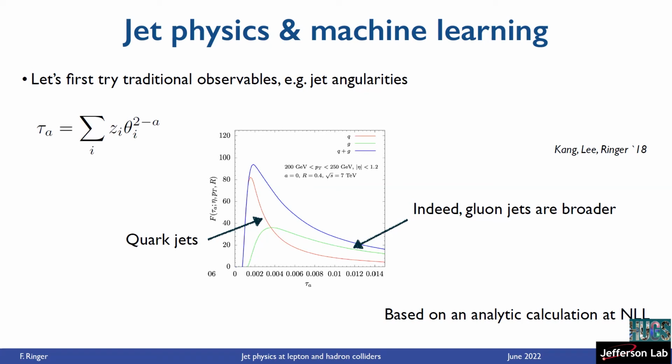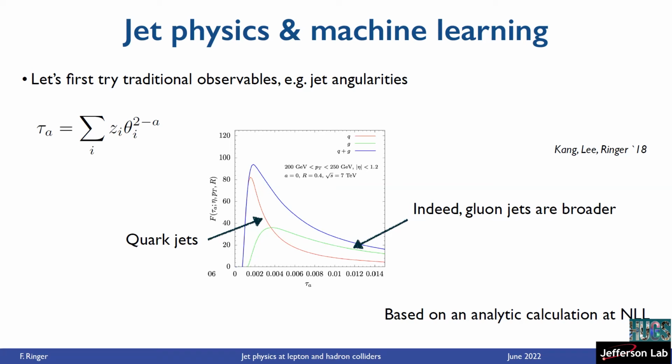The gluon is shown in bright green, and it's a broader distribution. That's exactly what we expect: quarks are more collimated, so we get a smaller value of tau a, while gluons give a larger value of tau a, and so the distribution is generally broader.